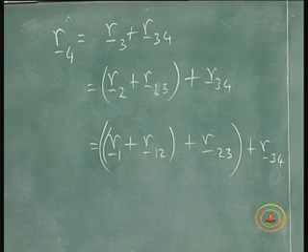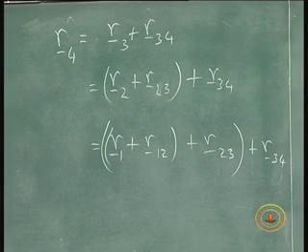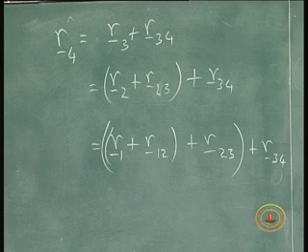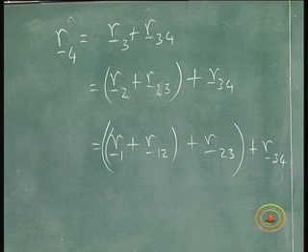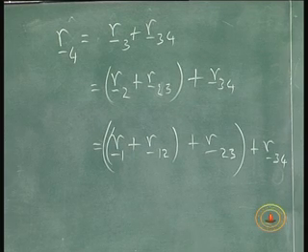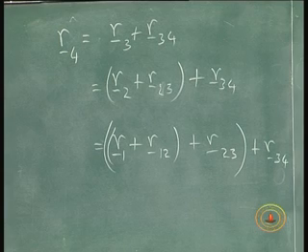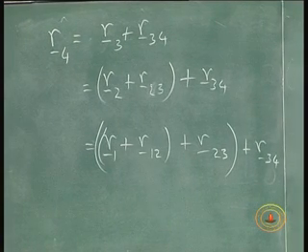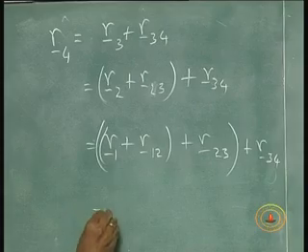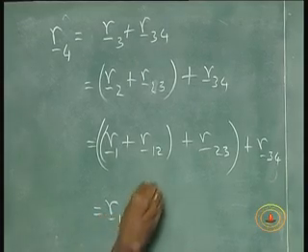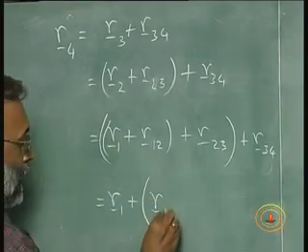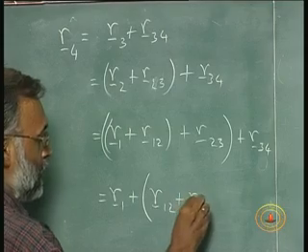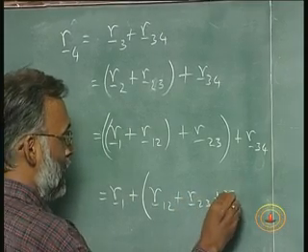I have put brackets because that is how I have defined these quantities. But this is where some rules about vector addition come in. The brackets do not matter. So I can as well write this as R1 plus R12 plus R23 plus R34.